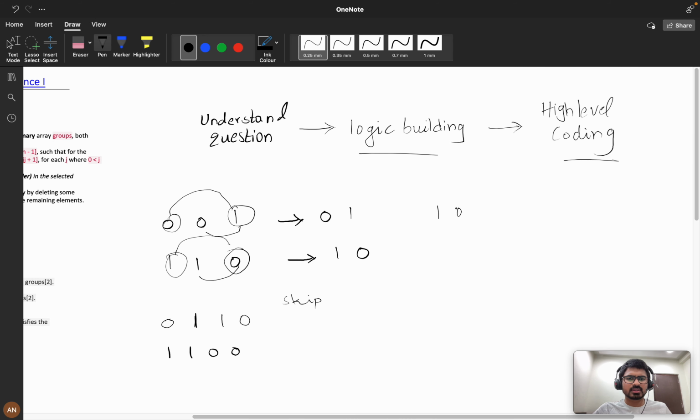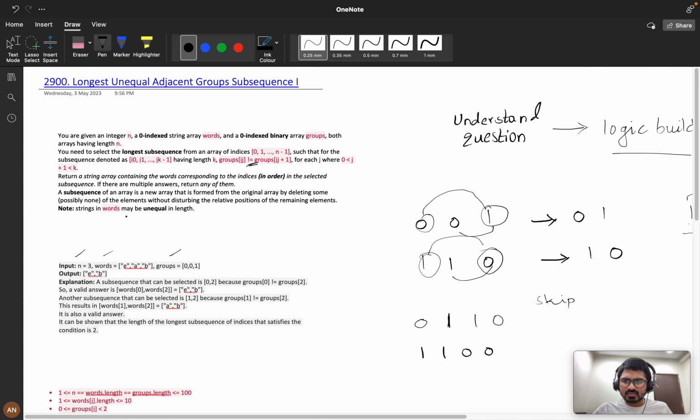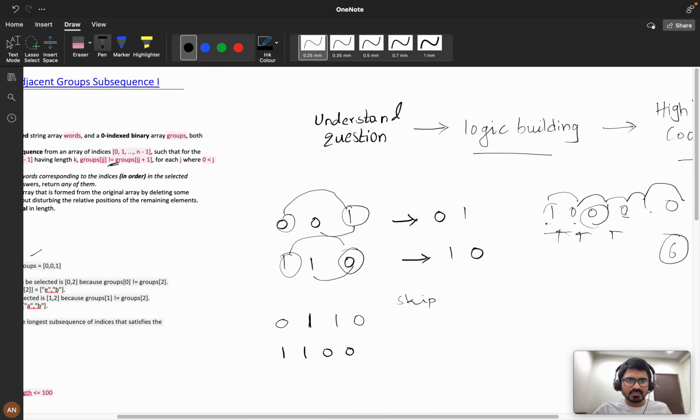Suppose if you have 1 0 0 1 0 1 0, you can find 1 0, then you will go to 1, then you will go to 0 1 0. In this way you can form length 1 2 3 4 5 6, only except this 0 0, this is not included. You have to find this, and he is saying that at these indexes we have words.